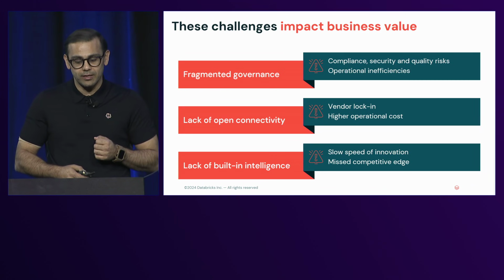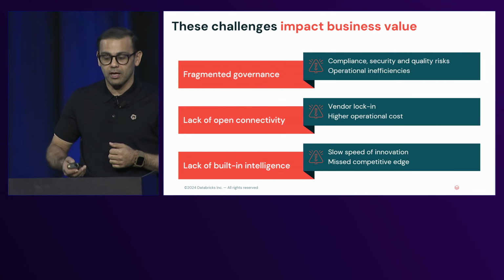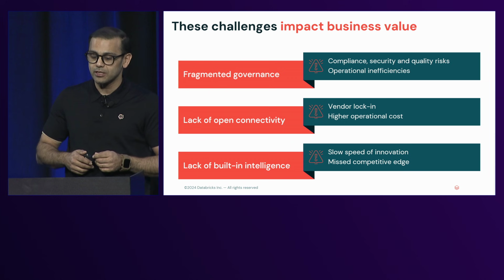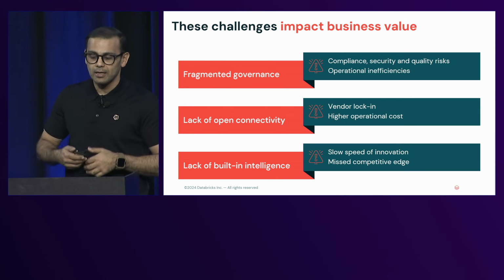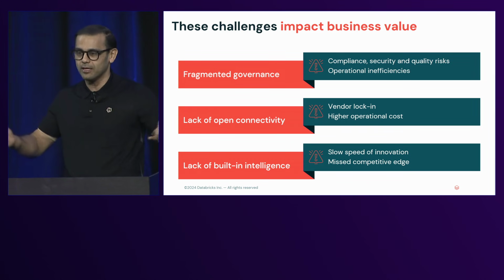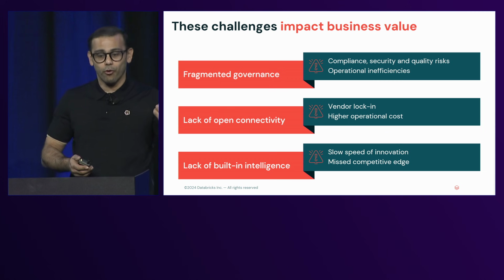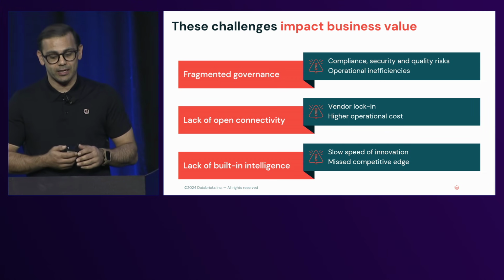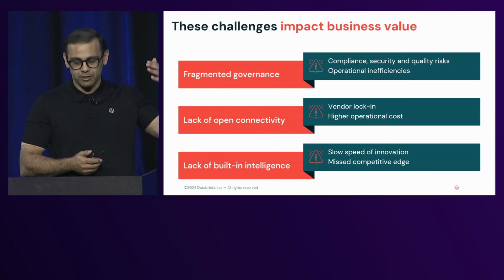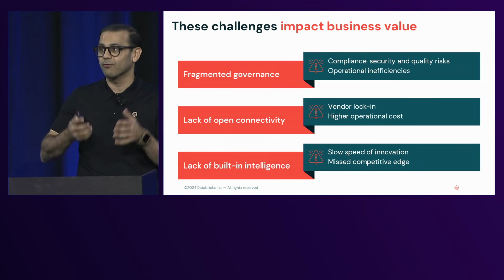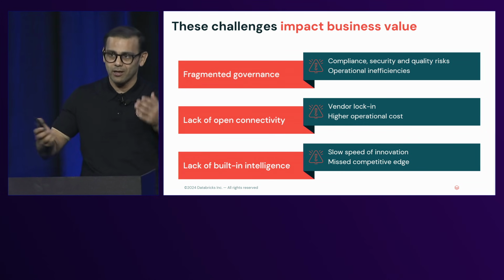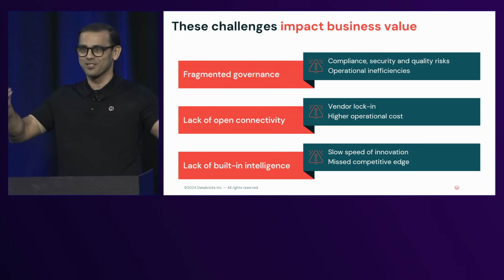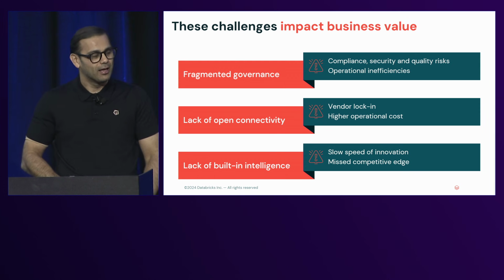Lack of open connectivity often leads to vendor lock-in, and this limits an organization's ability to switch vendors or integrate new technologies as the needs and the ecosystem evolve. Poor interoperability also hinders collaboration and the scaling of data and AI initiatives. This leads, again, to higher costs as the organization has to leverage multiple tools and replicate things back and forth, creating more silos and more of the same problem.